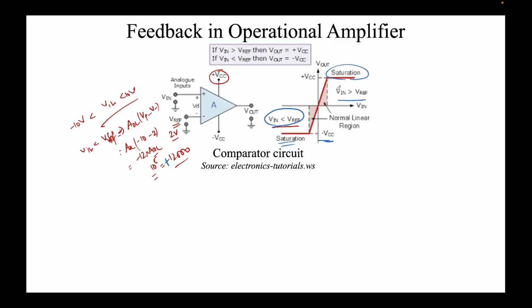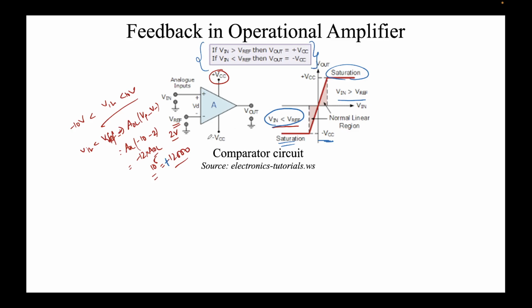So what it's doing is comparing. Just look at this. If Vin is less than Vref, your answer is negative. If Vin is greater than Vref, your answer is positive. So it's a comparison circuit. That's why it's called a comparator. This is the most basic circuit you will see, and this is the summary of this circuit.